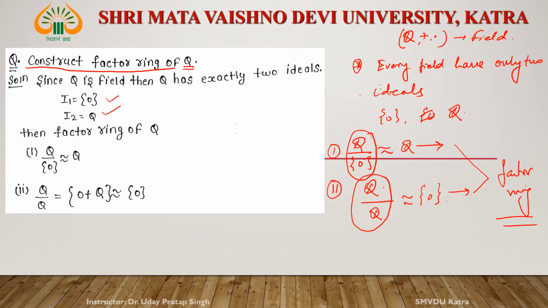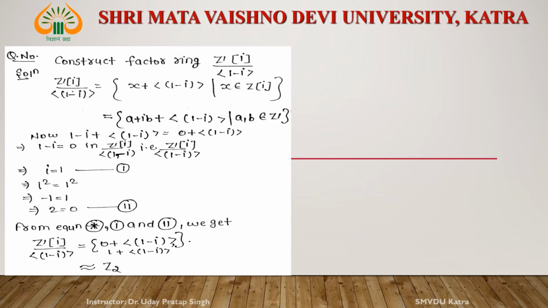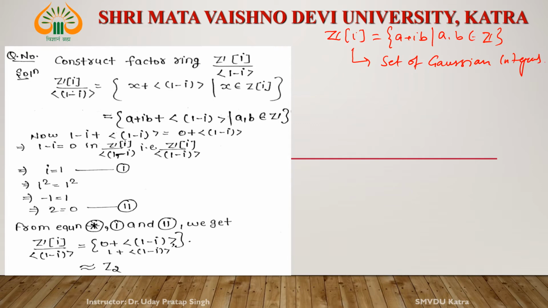Okay, now let us see the second example. Construct the factor ring of Z[i] by the ideal generated by 1 minus i. What is Z[i]? Z[i] is the set of Gaussian integers, and it is of the form a plus bi, where a, b belong to Z. Then what are the elements of Z[i] by 1 minus i?